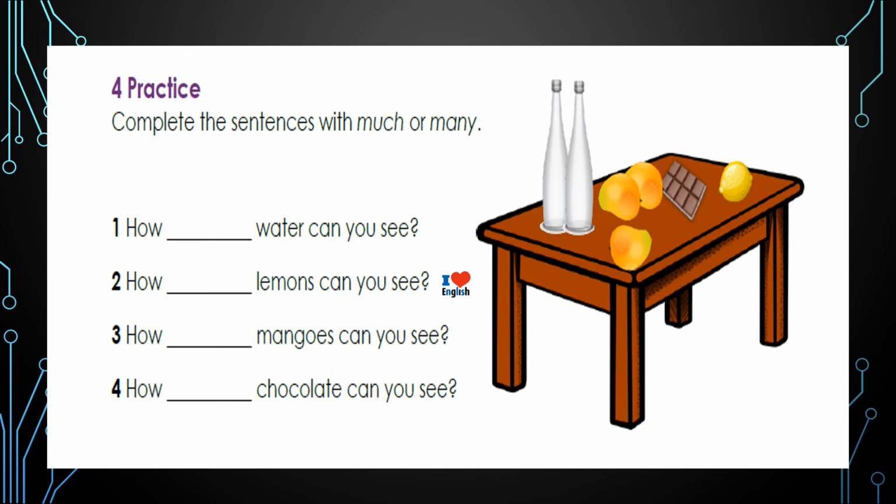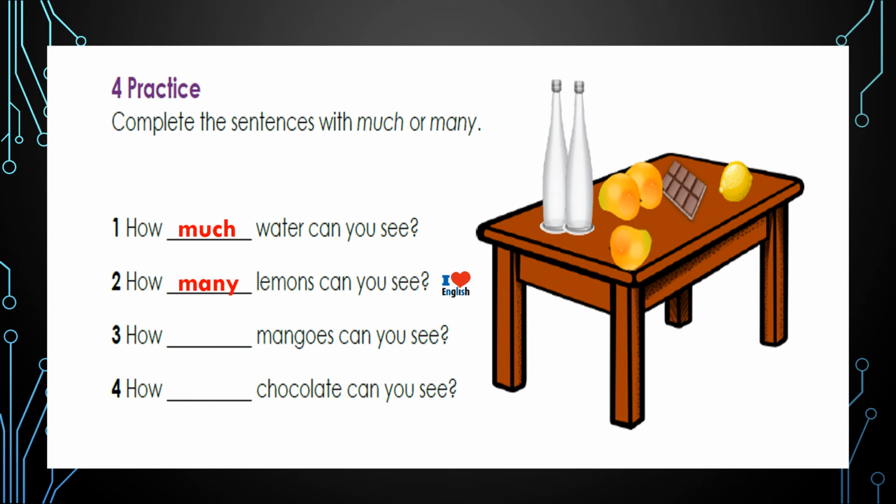Now, let's practice here, and you are going to complete the sentence with much or many. 1. How much water can you see? I can see 2 bottles of water. 2.